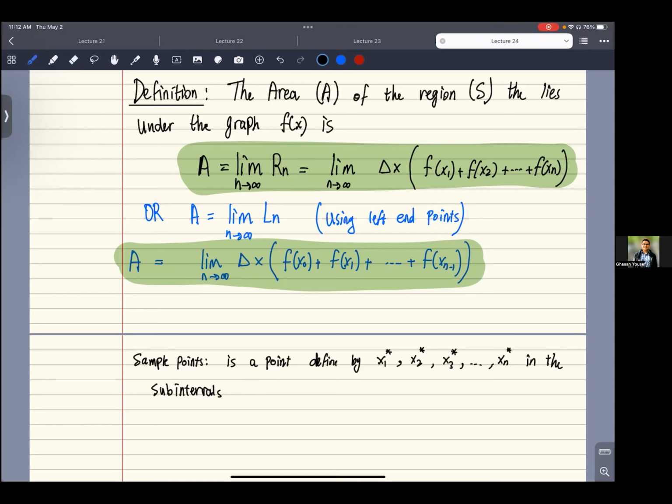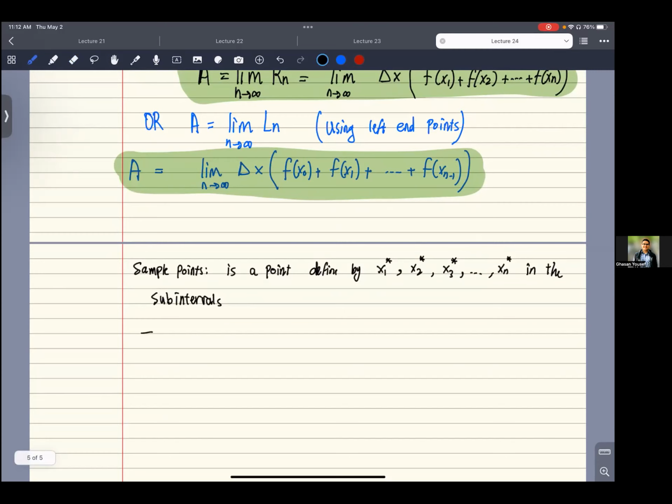For example, like I explained before, here's the subinterval x0 up to x1. Here's the subinterval x1 to x2, x3 up to x4, and up to xn minus 1 to xn.